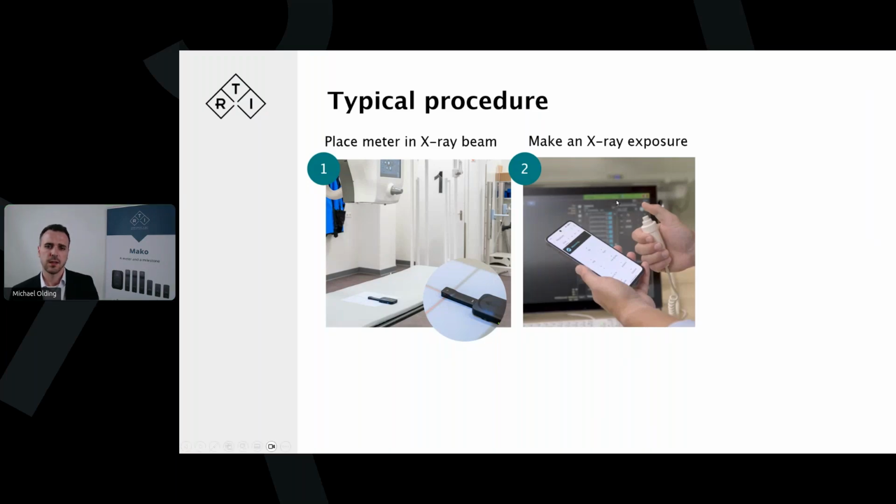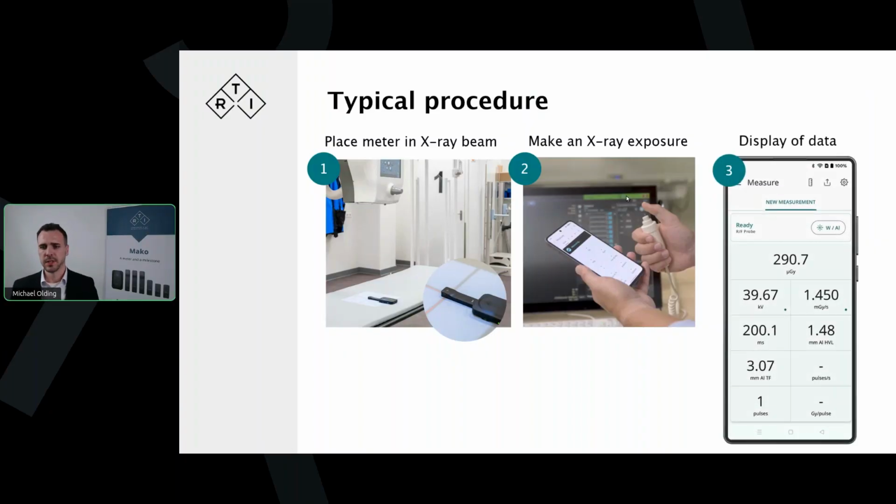And here we'll set and configure the X-ray settings on the system. And then we get our measurement results, the display of our data. And typical values we talk about are kV, dose rate, half value layer, HVL, total filtration, and information about the pulses if they're present.